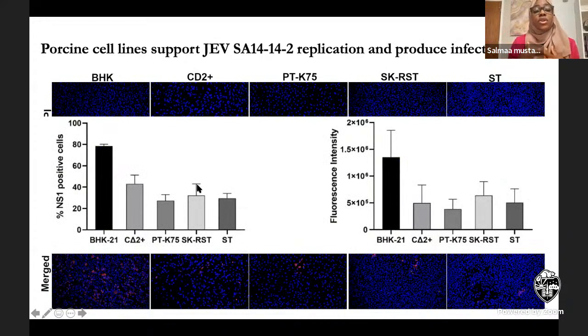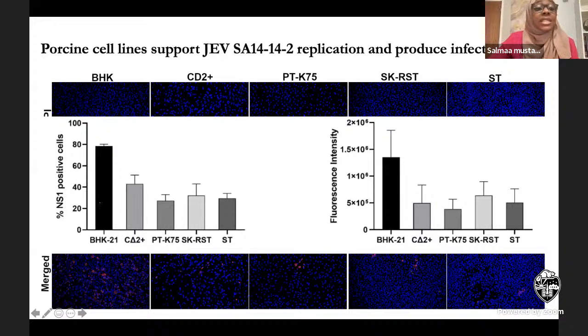And of course, you don't just want to show the quality of your signal. You also want to help your readers or your audience understand the signals, and that's where quantification comes in, okay? Here you're quantifying the number of cells, or the percentage of positive cells, for the NS1 protein. Here's my positive control.